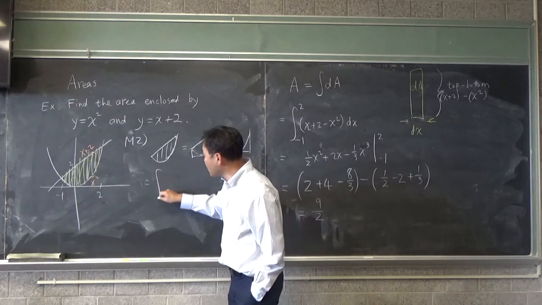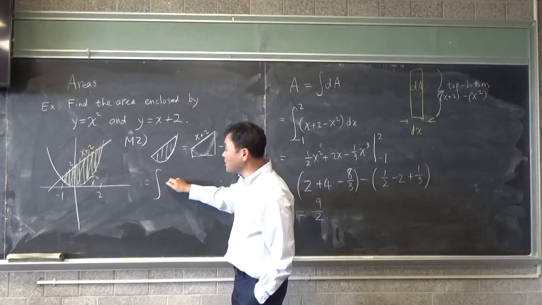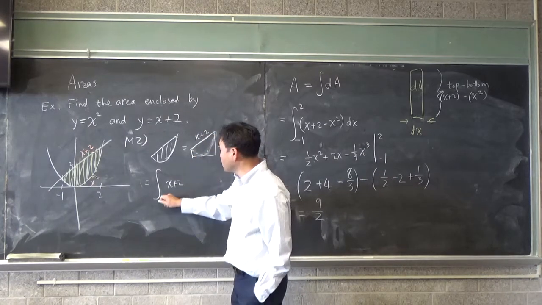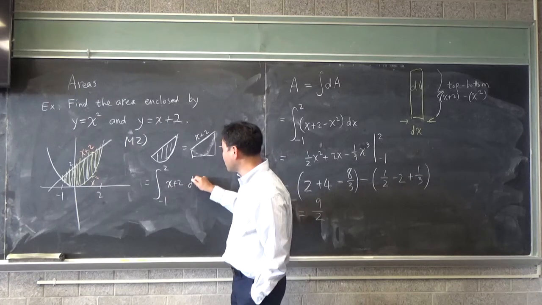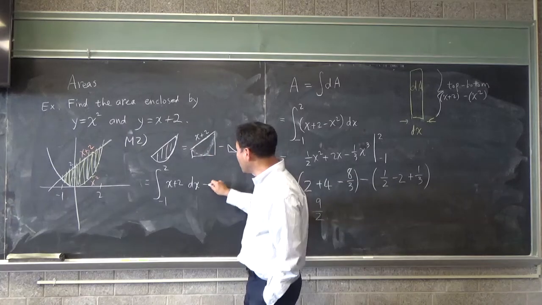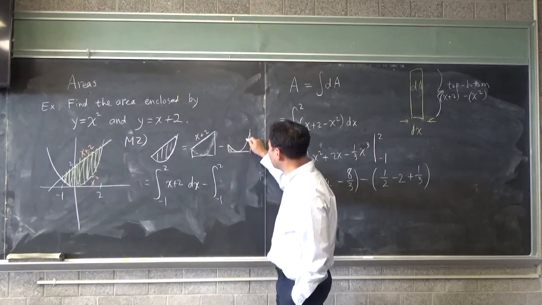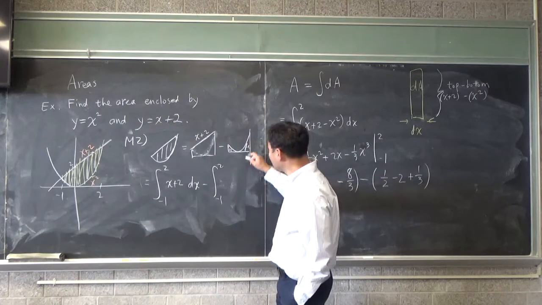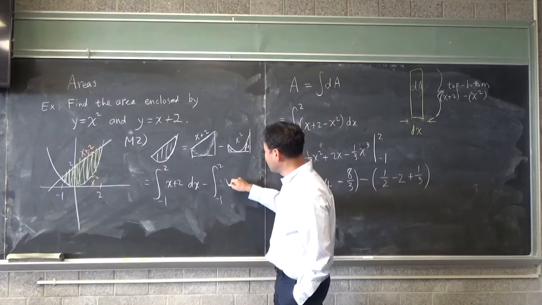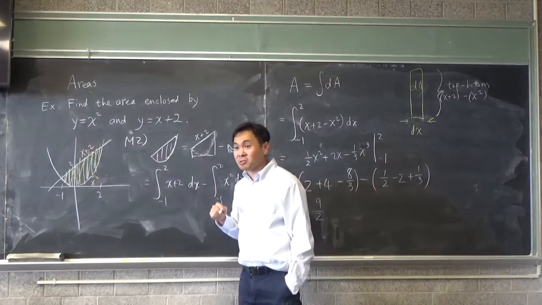It's the definite integrals. So this is x plus 2. So if we integrate x plus 2 from -1 to 2 dx, you get this area under the graph. Minus, if you integrate from -1 to 2 of this graph, what is this graph though? x squared, right? That will be the same as this area in question.